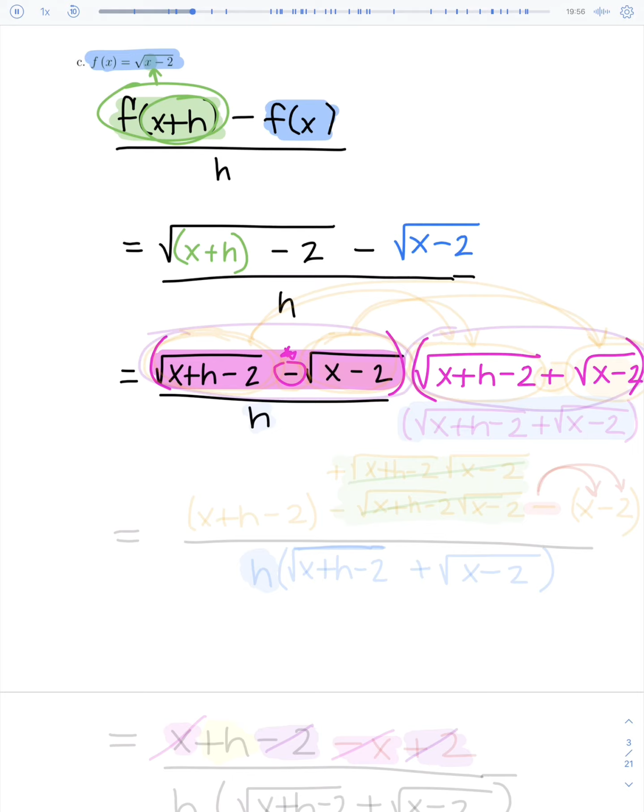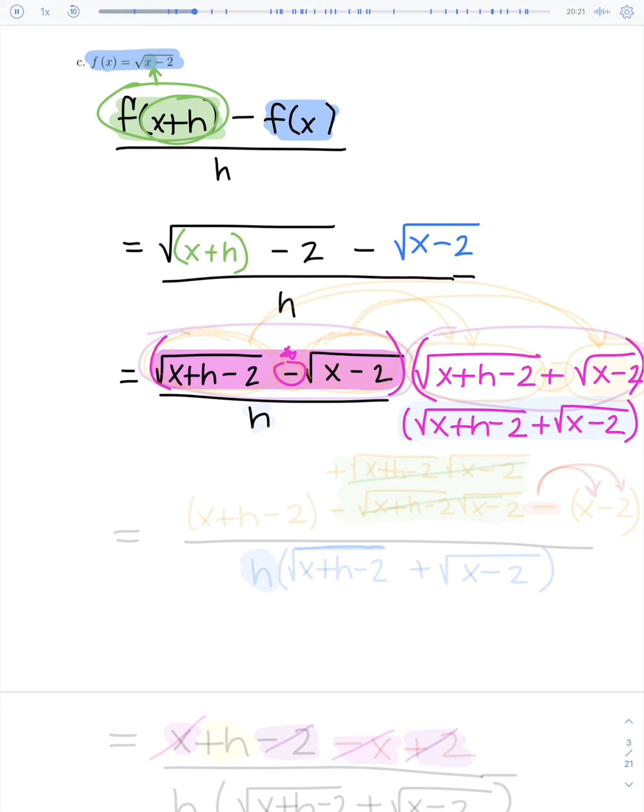However, remember how math works. Whatever you do to the numerator, you have to do the same thing to the denominator. So I still have to multiply the bottom by the same exact messy piece: the square root of x plus h minus 2 plus the square root of x minus 2. And like I said, this does make it look worse before we can actually make it look better.